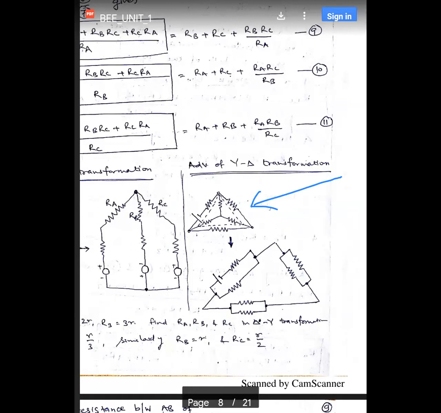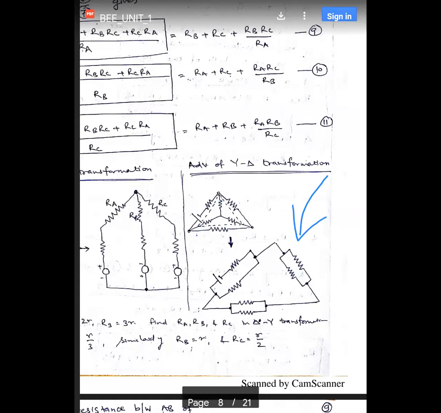This star can be resolved into a delta as shown in this dotted line. So when we have converted that internal star into delta using the formulas above, this is the resolved diagram which we will get.